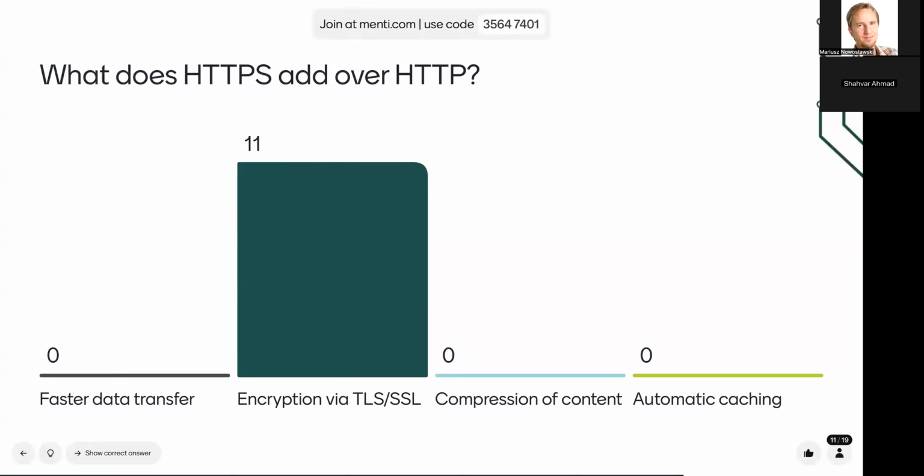We will talk about encryption and what sort of protocols and algorithms are being used here, how they work, why we have them, and what the properties are. We will dive a little bit deeper into TLS and SSL to understand the mechanics behind it.